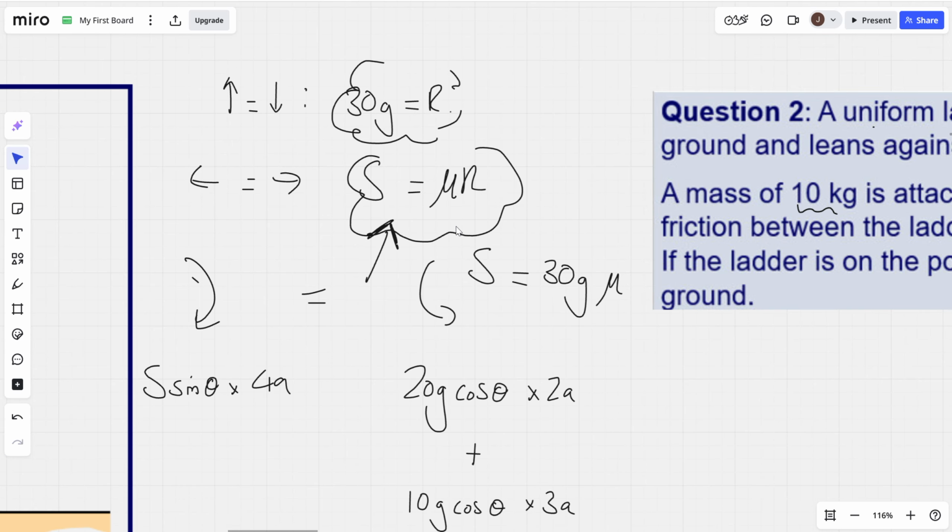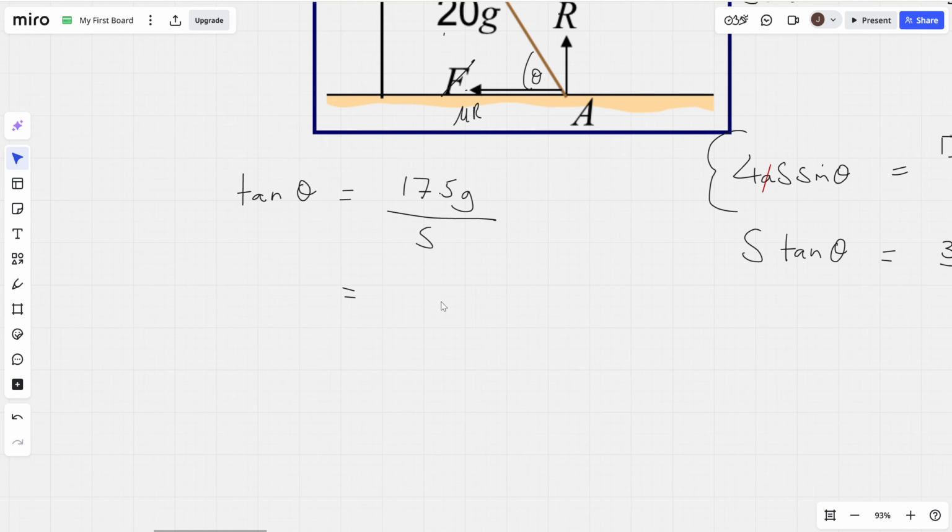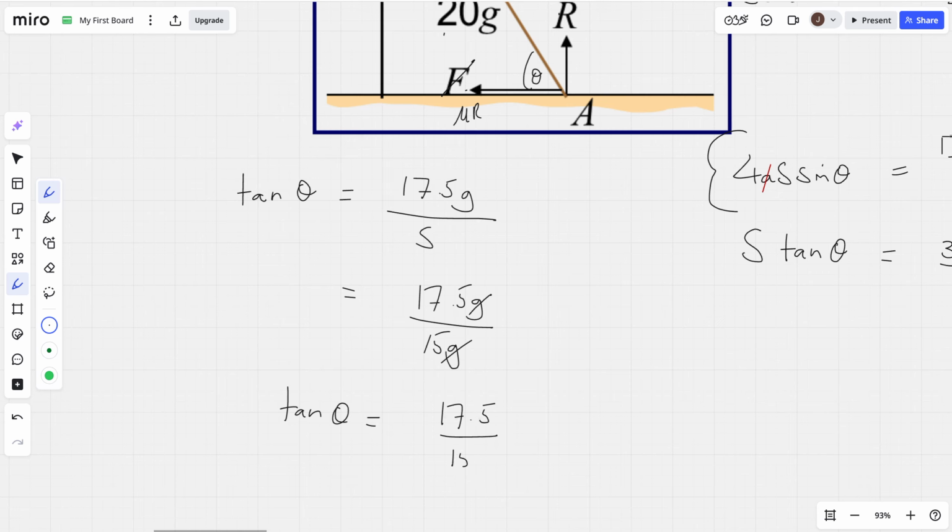So S equals mu R. R is the same as 30G, and mu is a half, so that's just 15G, isn't it? Okay, so now I can use that number. So it is equal to 17.5G over 15G. So tan theta equals 17.5 over 15, or 7 over 6 if you prefer.